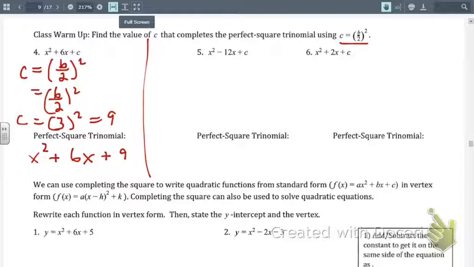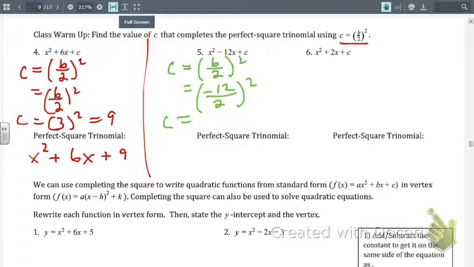We have x squared minus 12x plus c. To find c, we're going to set that equal to b over 2, and then we're going to square it. So in this case, our b is negative 12. Divide that by 2 and square it.